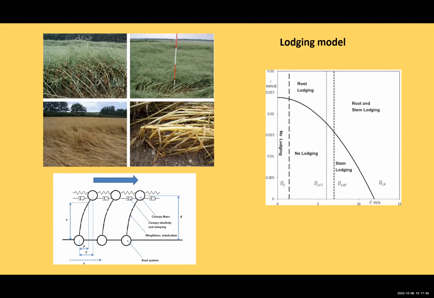And crops fail by either stem lodging, breaking of the stem, or by uprooting, root lodging. And we've developed a model for this that's been quite well calibrated, a dynamic model that's based on weightless cantilevers. And from that, and the figure on the right is for winter wheat, we can plot areas in the rainfall wind speed plane for which different sorts of lodging occur.